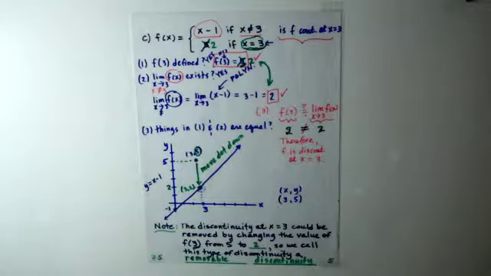And we call it removable if we can take a function that's discontinuous at a particular a value and make it continuous just by changing the value of f at one single x value, at the value x equal a, in our case at the value x equal 3.